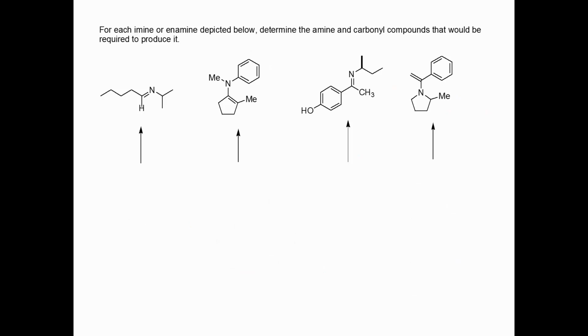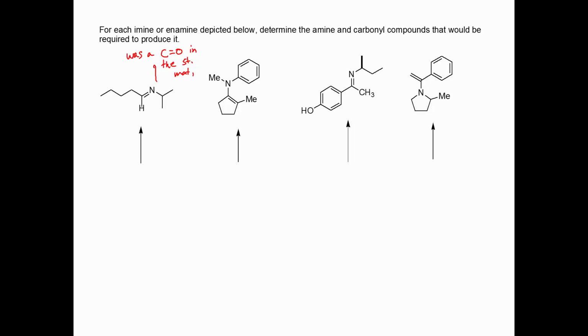Okay. All right, so we're going to now look at a classic type of problem. For each imine and enamine depicted, determine the amine and the carbonyl compounds that are required to make it. All right, and remember that your carbon-nitrogen bond was a C double bond O in the starting material, so it's very easy to figure out the carbonyl group precursor to an amine.